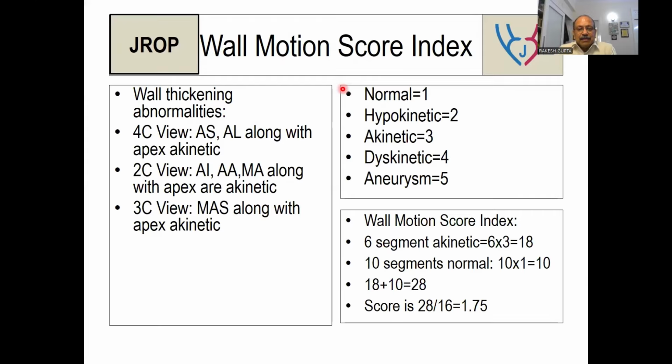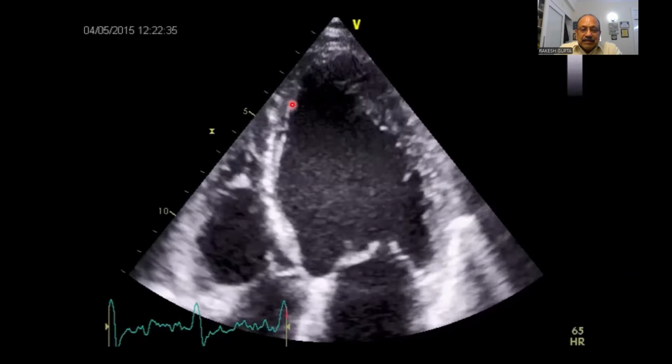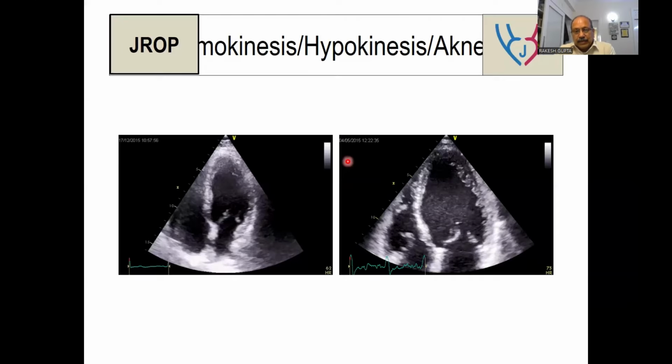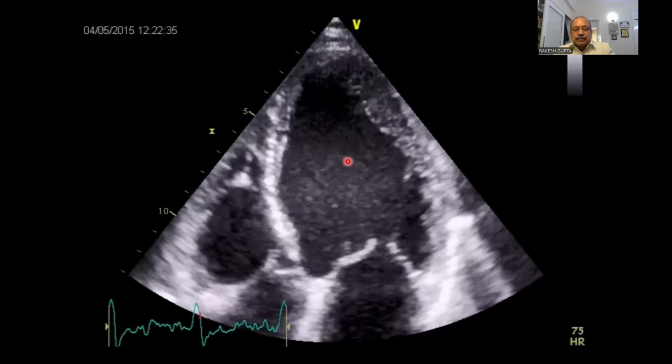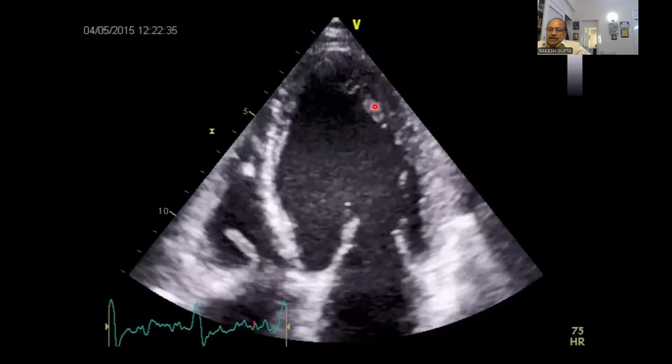Now see back again, because this is the most important thing. Now this segment is thickening. This is hypokinetic. This is akinetic. Now this is normally contracting.